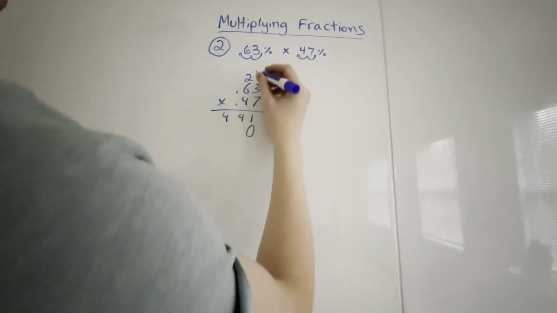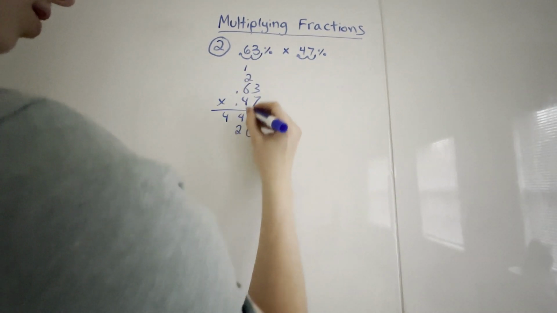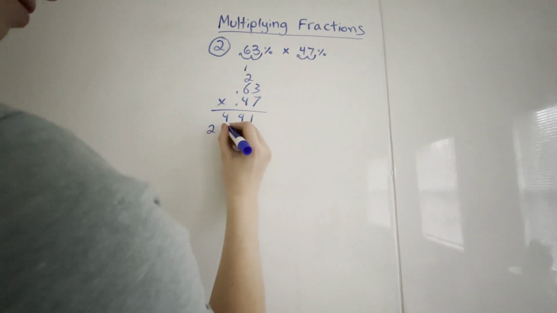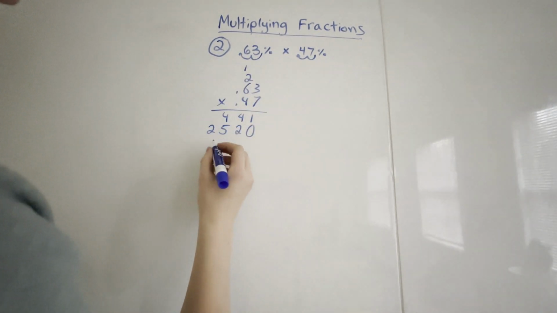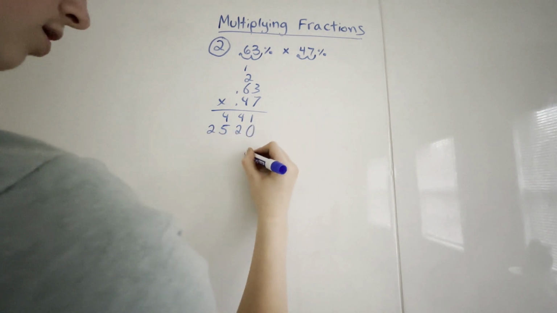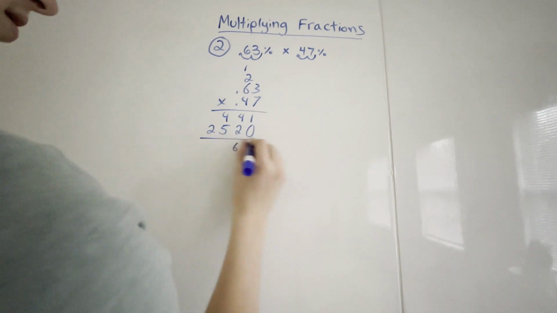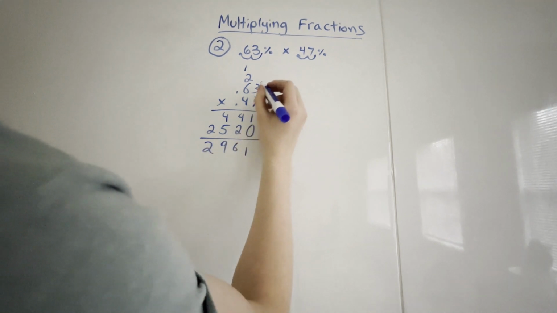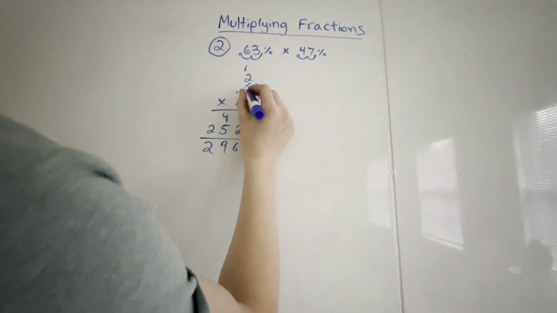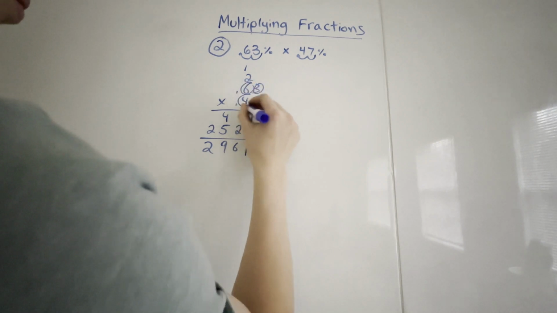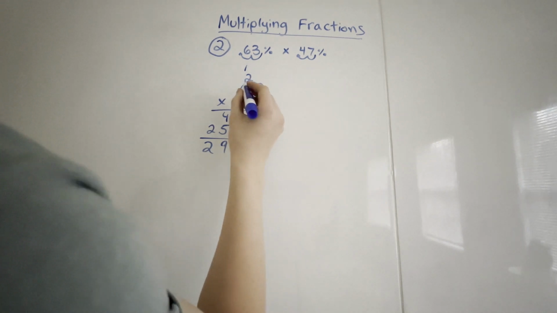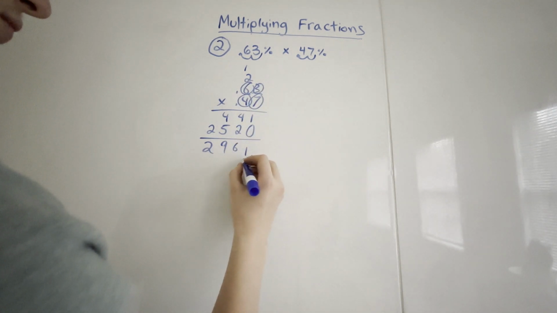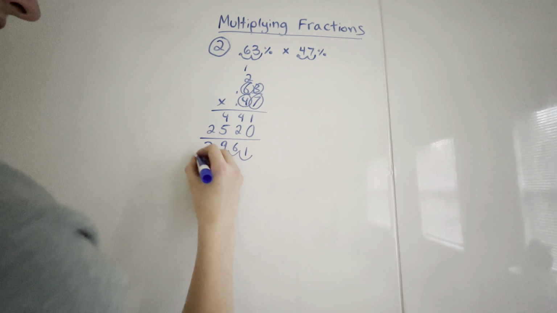Now we have 4 times 3, which is 12. We have 4 times 6, which is 24. And then plus the 1, we have 25. So we add these together. 1, 6, 9, 2. And since we have 4 digits, 1, 2, 3, 4, to the right of the decimal place, we have to move this decimal place 1, 2, 3, 4.